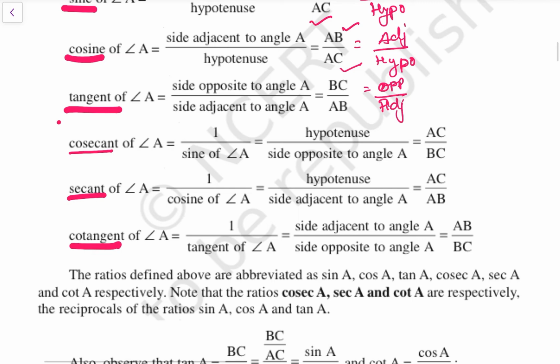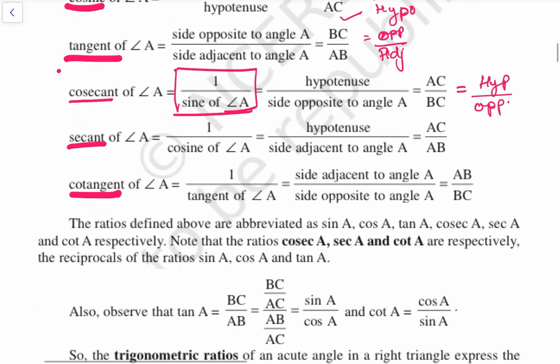And cosecant is 1 upon sine A, the reciprocal of sine A, that will become hypotenuse upon opposite side, that is AC upon BC. Secant is 1 upon cosine, the reciprocal of cos, which becomes hypotenuse upon adjacent side of angle A, that is AC upon AB.